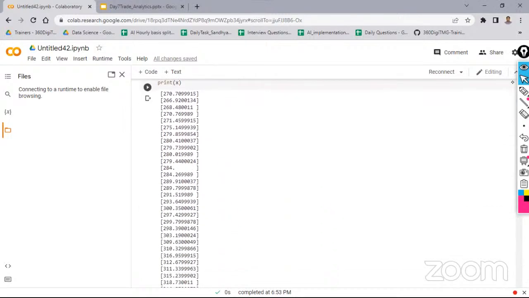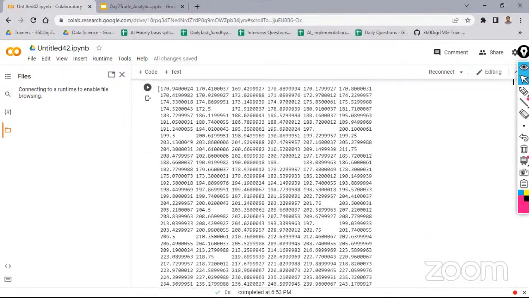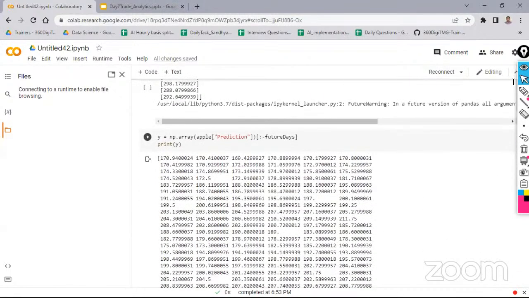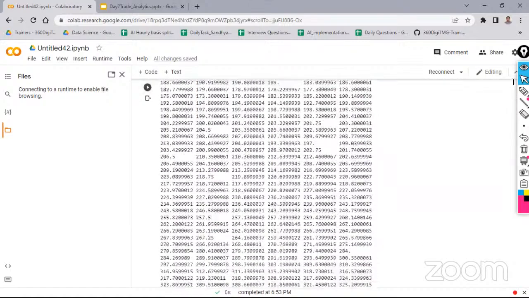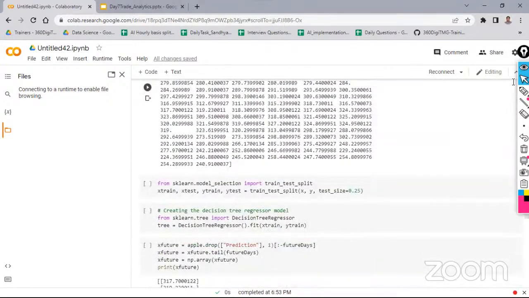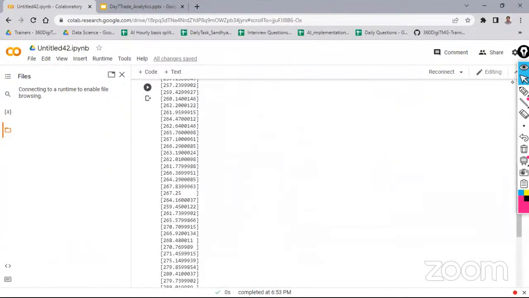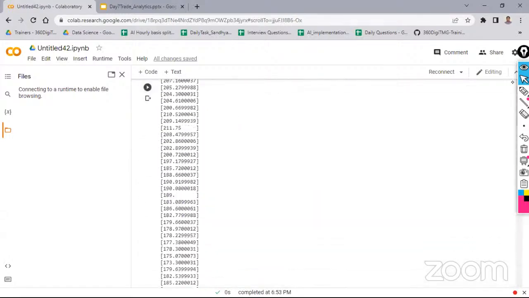Now, when I consider only those values, and you are considering the output as that particular column, that is prediction column, I've predicted for all the values, not only with respect to the future dates, not only with respect to 25, it has been calculated for all the days. Okay.